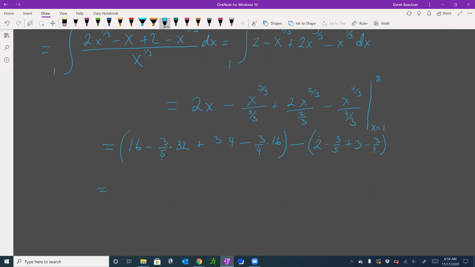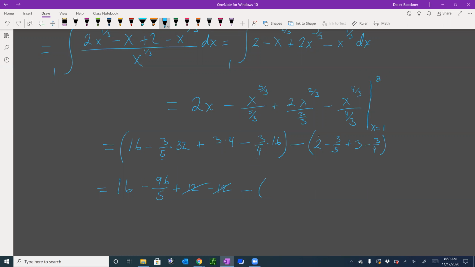So everything in terms of 20ths is going to mess things up a little bit, but that's okay. So 16 minus 96 over 5 plus 12 minus 16 over 4 is 4, so that's minus 12. That's nice. Those cancel.